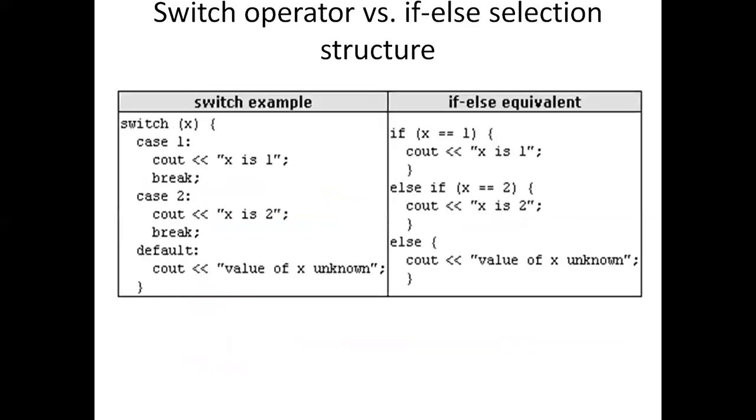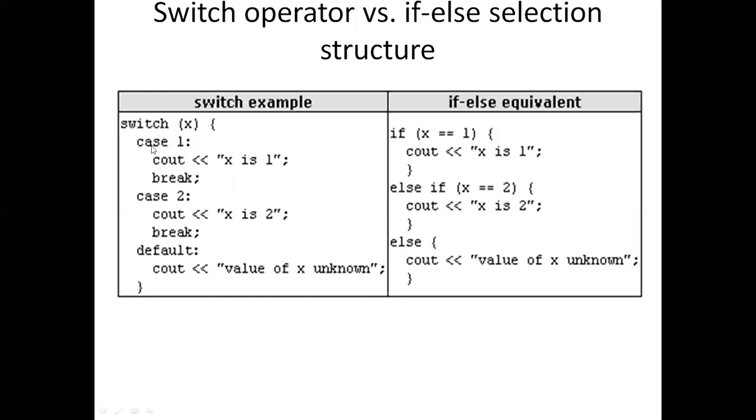So let's look at an example. If you know the if statement, then you can compare it to the switch statement. This gives an equal result. Let's say we have if x is equal to 1, then print out x is 1. Else if x is 2, then print out x is 2. Otherwise, the value is unknown. In this case, we can do it with switch.